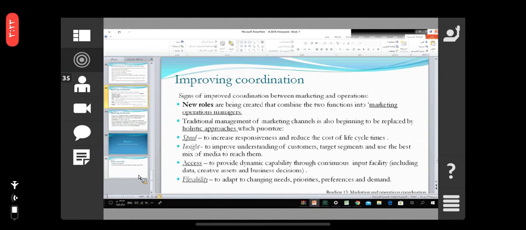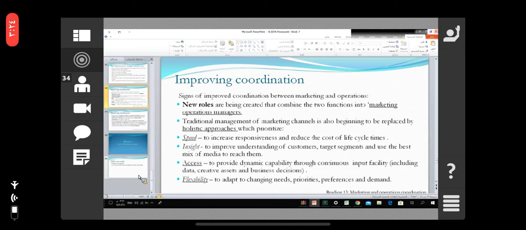you need to change it. Maybe you want to sell on the internet. You need to increase response, reduce the cost of life cycle times for each product. You need to improve understanding of the customer.